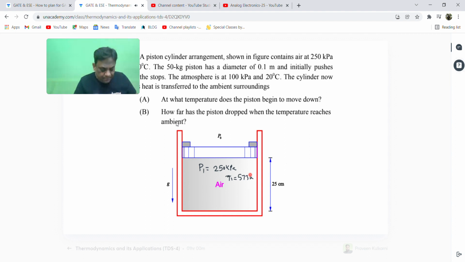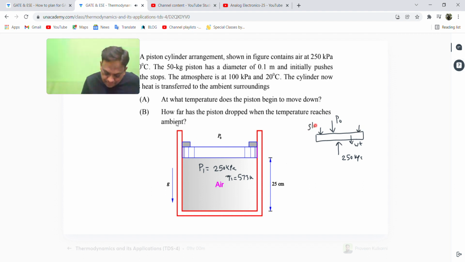Initially, when this 250 kilopascal gas is pushing, there is outside atmospheric air, there is the weight of the piston, and when the gas is pushing, the stops are also taking load. This is due to stops.